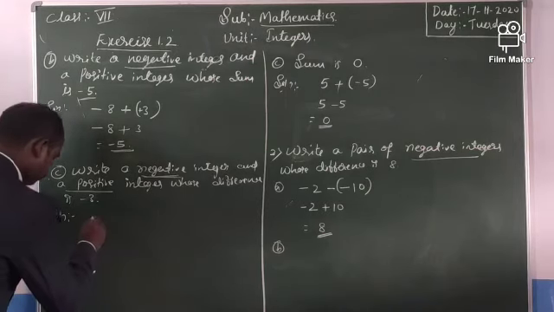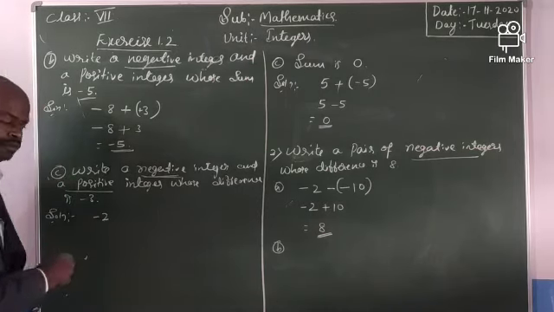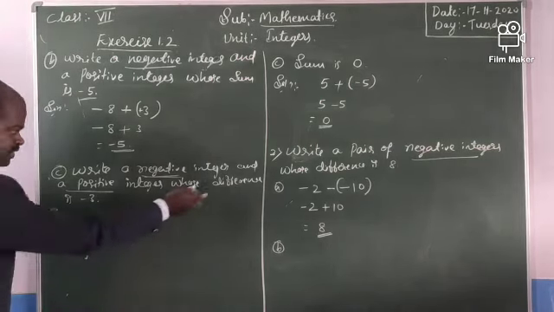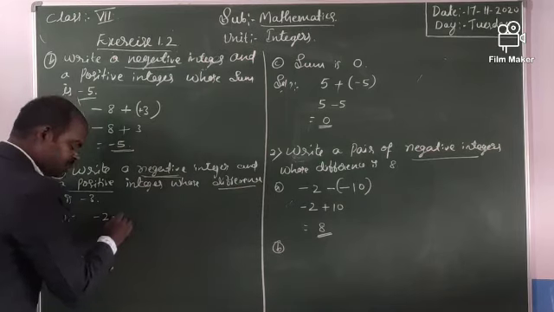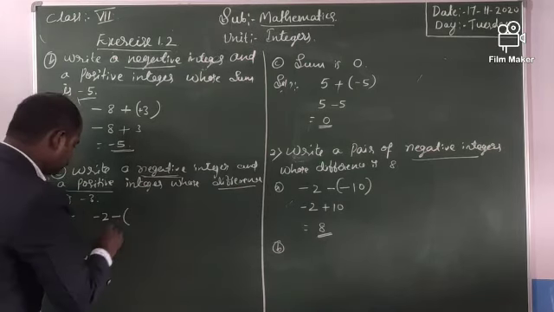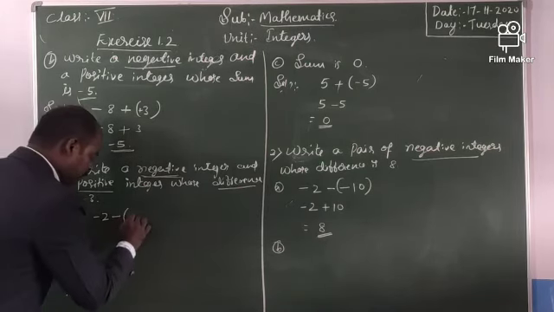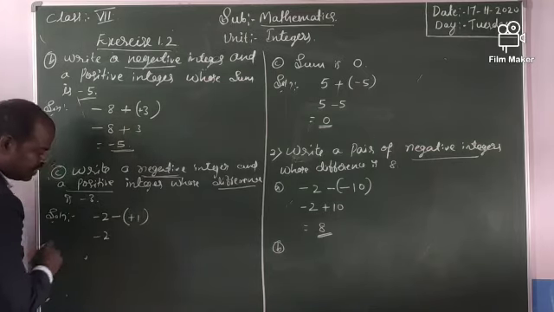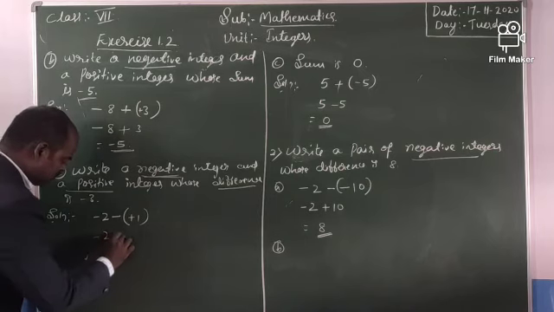Okay, right. First, -2. Difference means you have to subtract. What do we subtract? A positive integer, take plus 1. Then write -2 as it is, minus into plus, yes, minus.